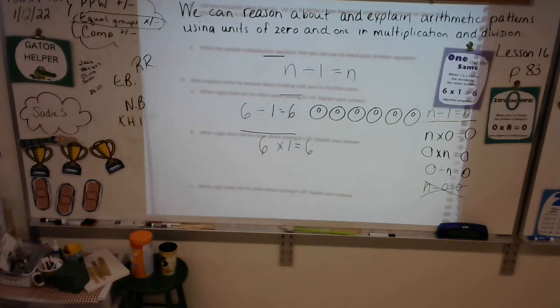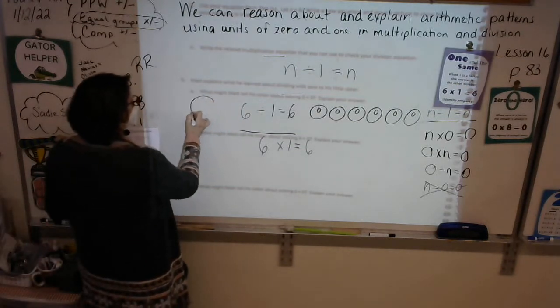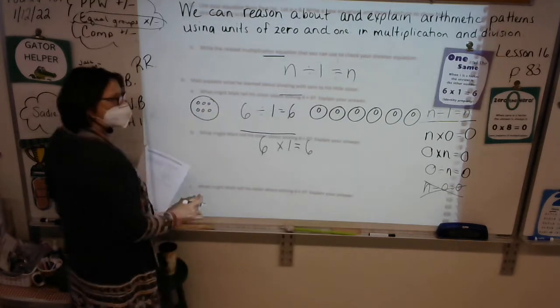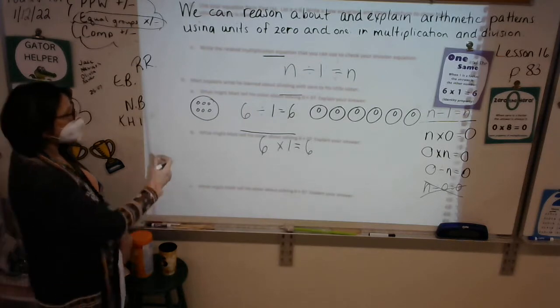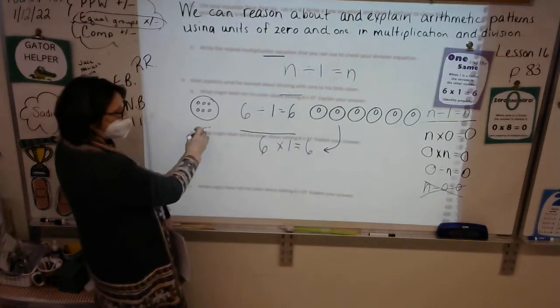Can we just go back to this for a second? Could I also have drawn this picture? Yeah, I could have, couldn't I? And my multiplication equation for this one wouldn't be 6 times 1.